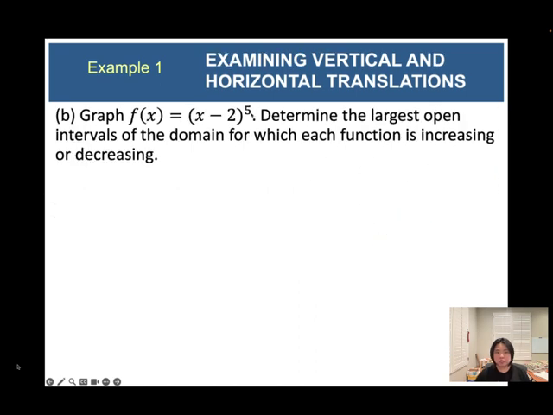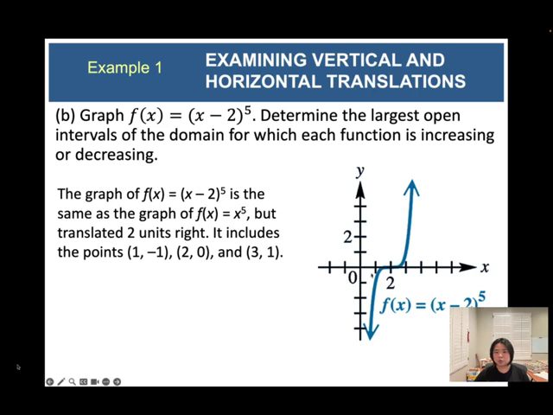But for the second example, x minus 2 to the power of 5 is within the f of x, so we shift to the right 2 units. The turning point, supposed to be at 0, is turned to the right 1, 2 here. Same idea, the function is increasing from negative infinity to positive infinity.